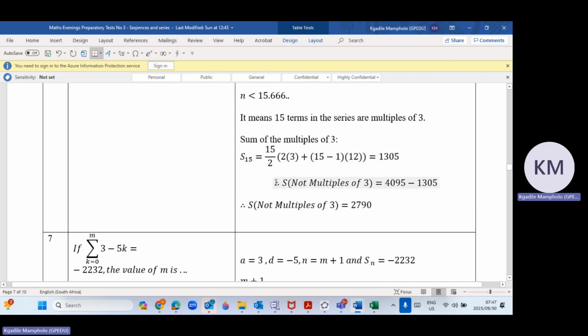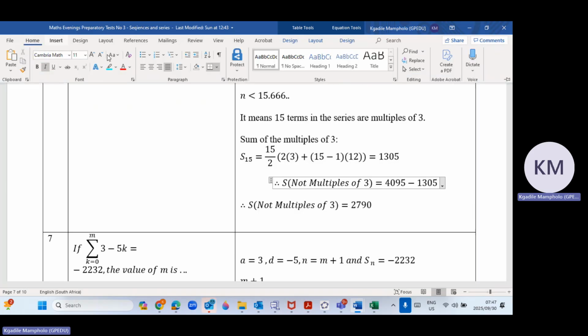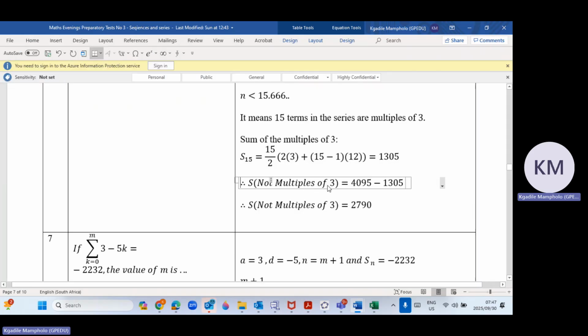Now it means the sum of the terms which are not multiples of 3. Let me just write it nicely.